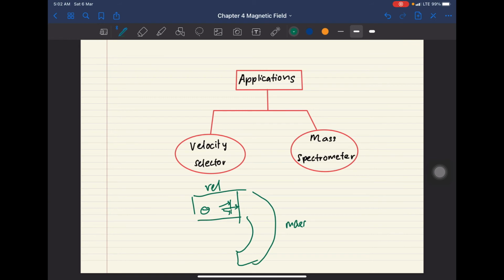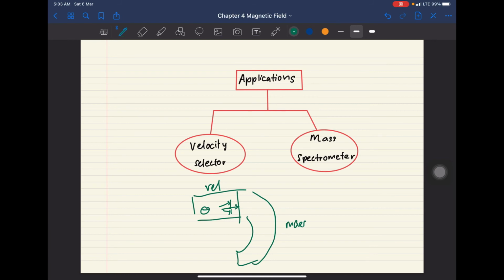So the only particles passing through this one are at a certain velocity. That's why we call this the velocity selector. So immediately you know the velocity of the particle as it goes through here. That's the concept. For the mass spectrometer they use a very similar concept.